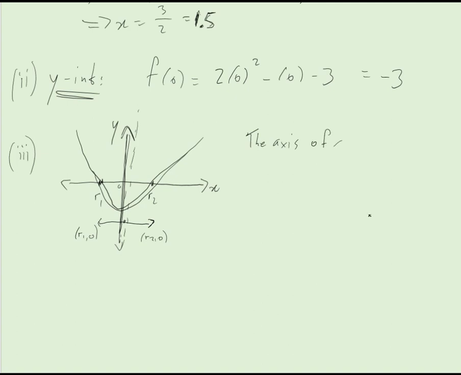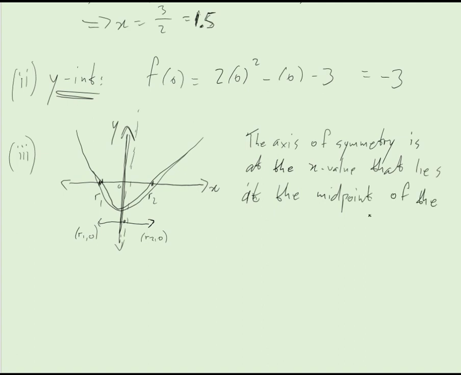So the axis of symmetry is at the x value that lies at the midpoint of the line that joins the two roots.